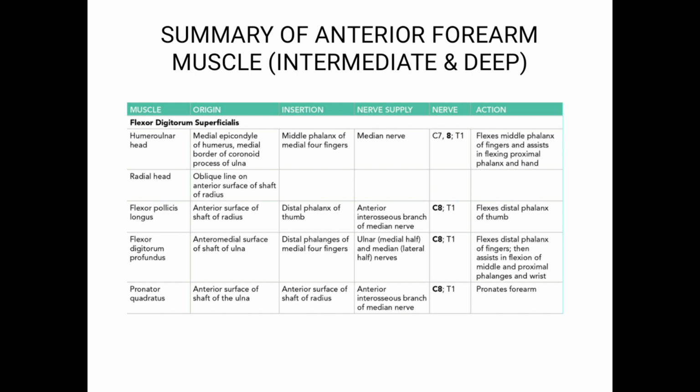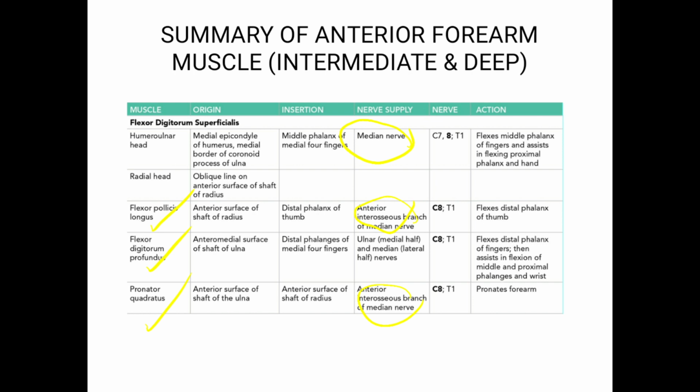Okay, your flexor digitorum superficialis has median nerve. And the deep muscles are your flexor pollicis longus, flexor digitorum profundus, and pronator quadratus. Okay, all of them median nerve except for the flexor digitorum profundus.